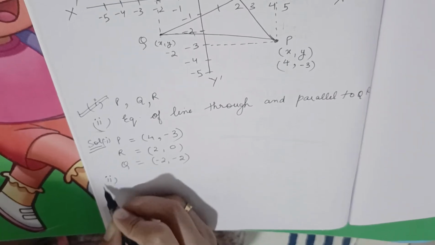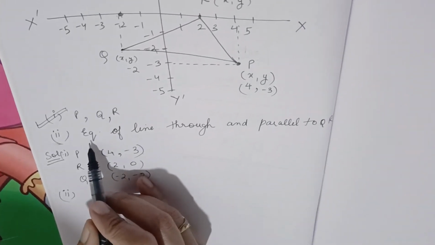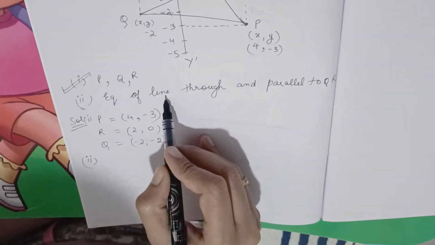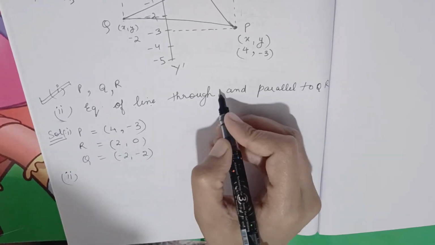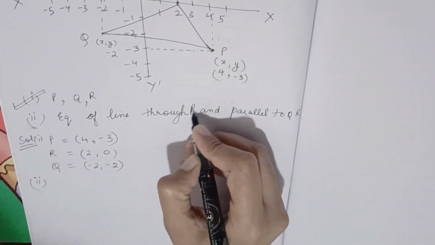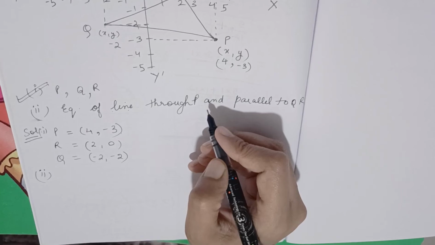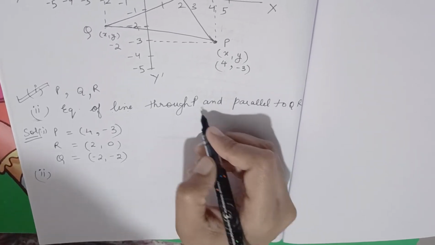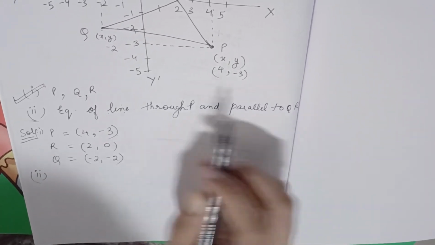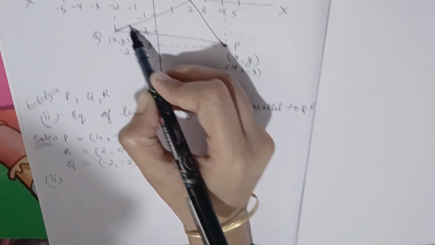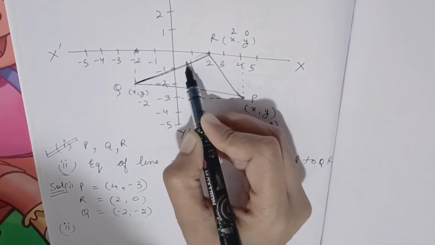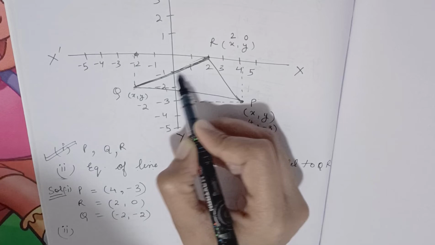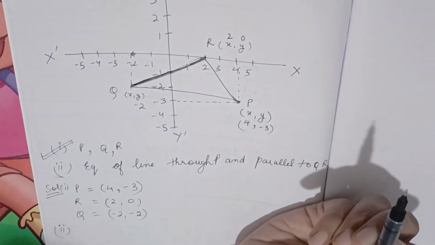In the second part, we have to find the equation of the line through point P and parallel to QR. So where is QR? You can see this is QR. I'm just making it dark so that you can see it.